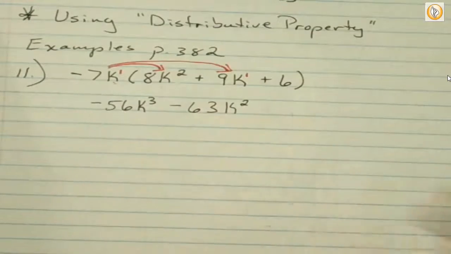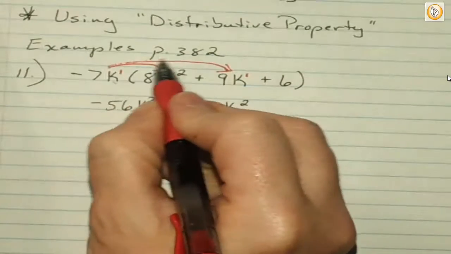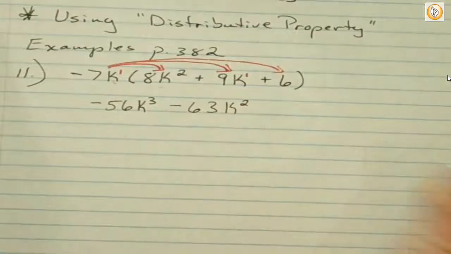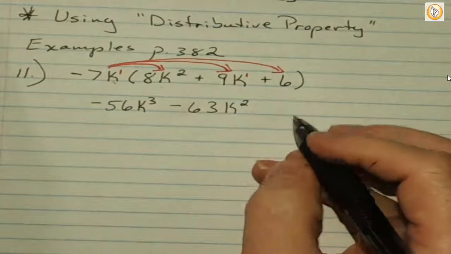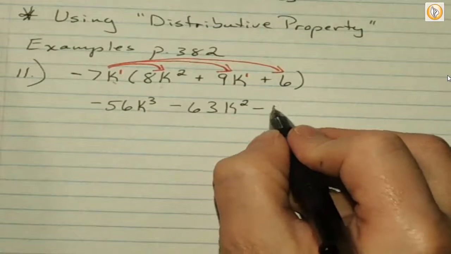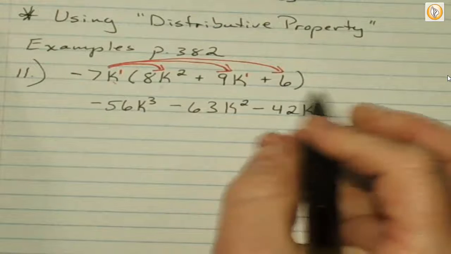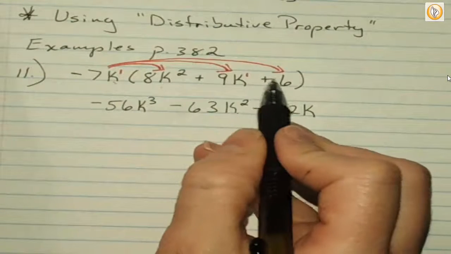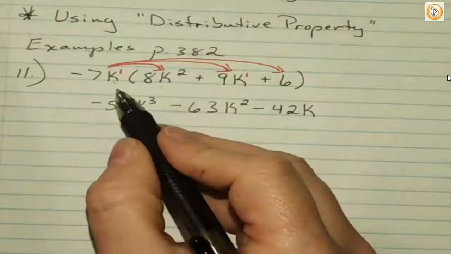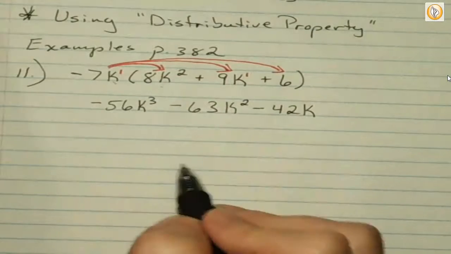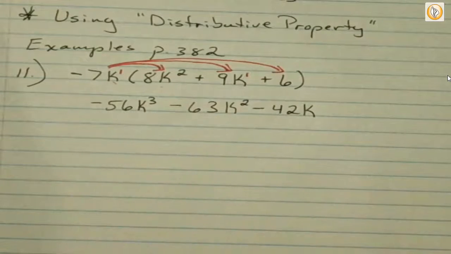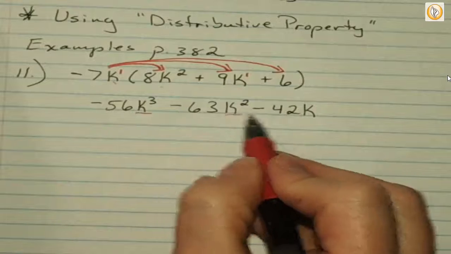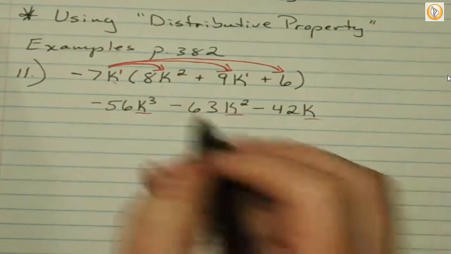Michaela, what is negative 7k times 6? Negative 42k. Yep. There's no k here, so it's just negative 7 times 6 is negative 42, and we just bring down the k. And is this in descending order? Yes, it is.